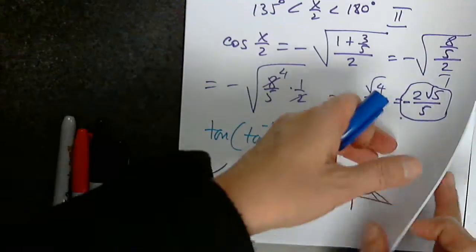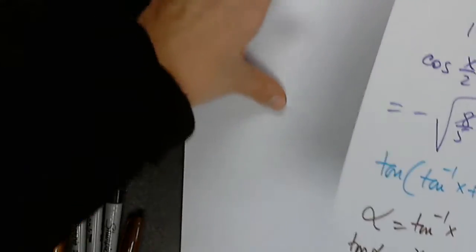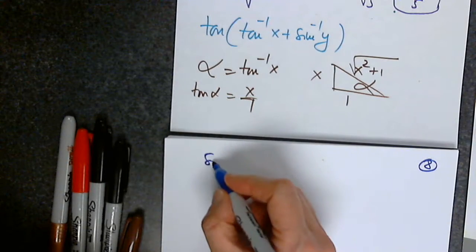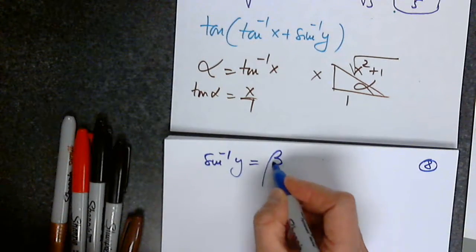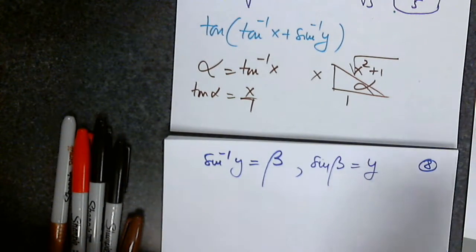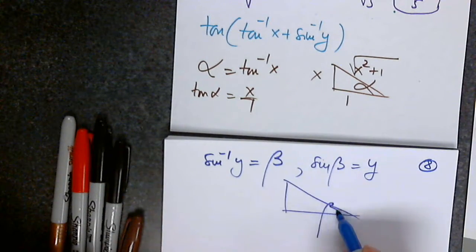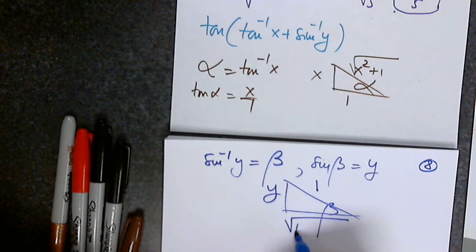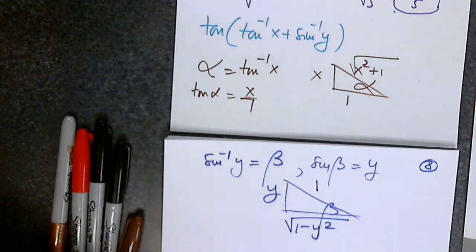Okay, ready now? Now, sine inverse y. What is that? Sine inverse y is beta, which means sine beta equals y. Okay? Y over 1, which makes this the square root of 1 minus y squared.